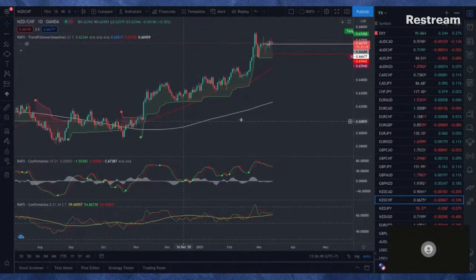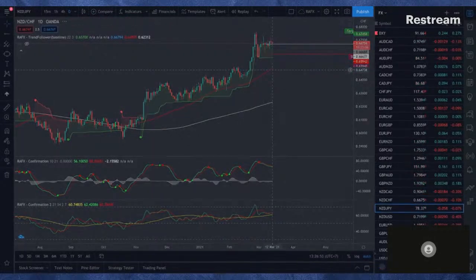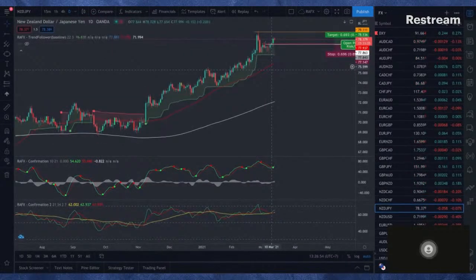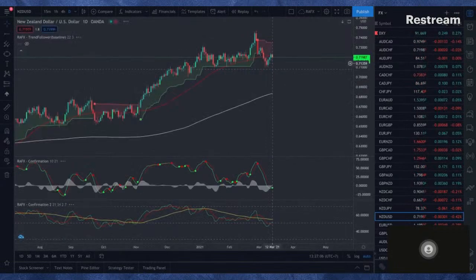But in the long term, the trend is still an uptrend. So next is NZDCHF. NZDCHF is still in an uptrend, but I will avoid this trade because the price is already way too far from my baseline. NZDJPY is still in an uptrend, but the price is too far from the baseline or from the market structure, so I will skip this one as well.